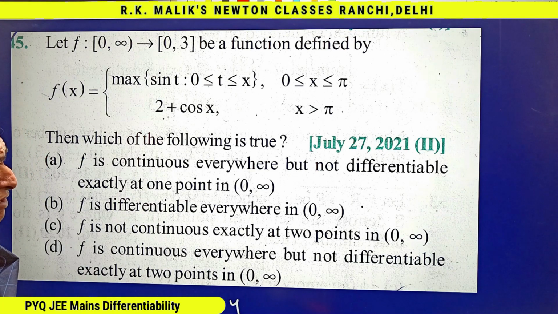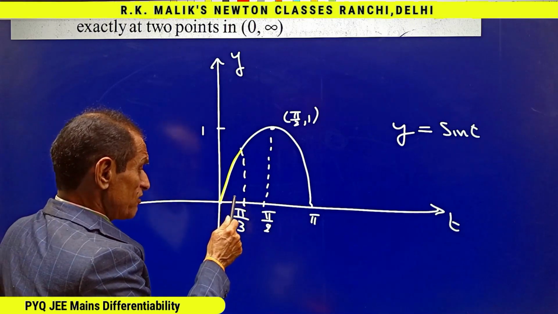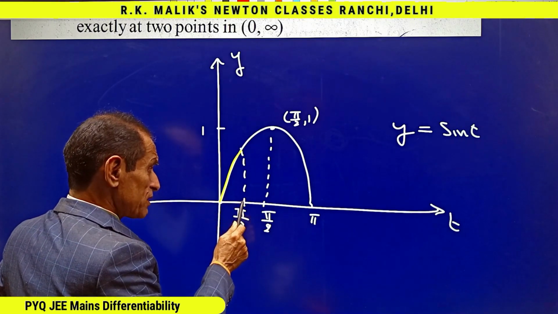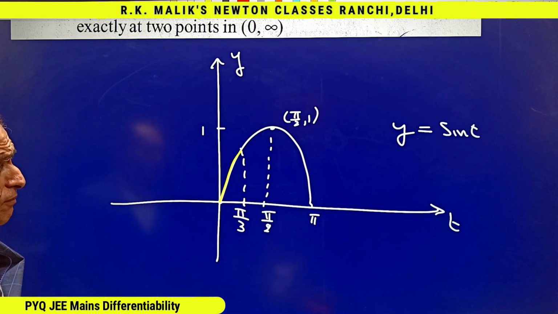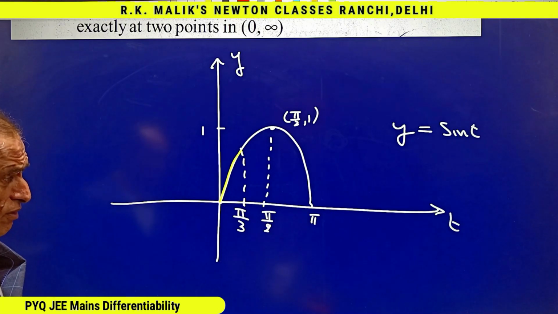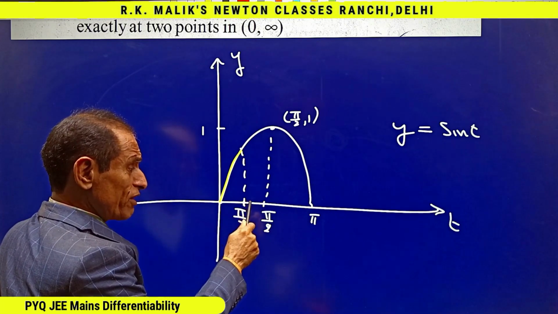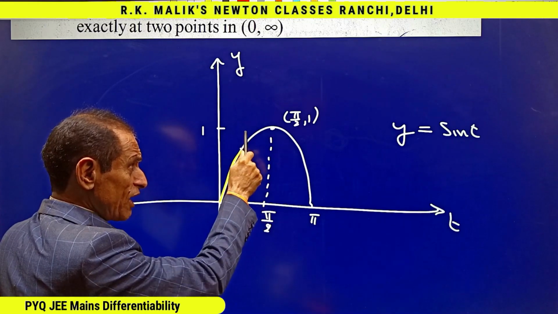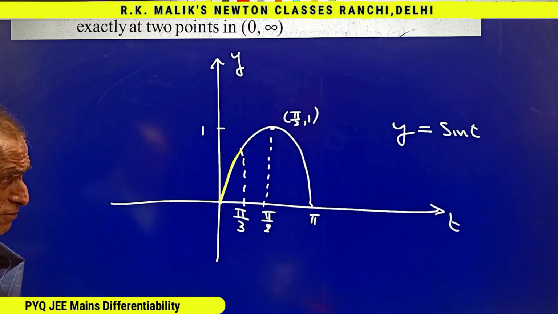Note that here I have taken x as pi by 3. And it is obvious that when t is pi by 3, at that time the value of sin t will be maximum. And the situation will remain the same because when x is less than pi by 2, wherever x is there, at the last point, the value of sin t will become maximum.